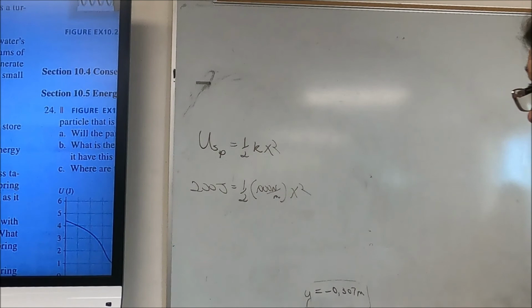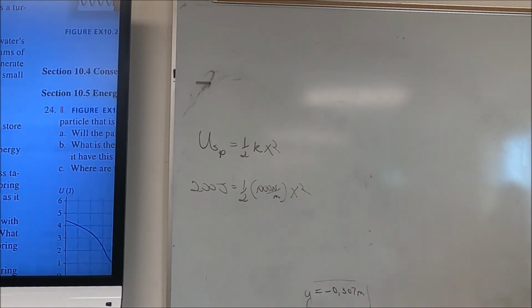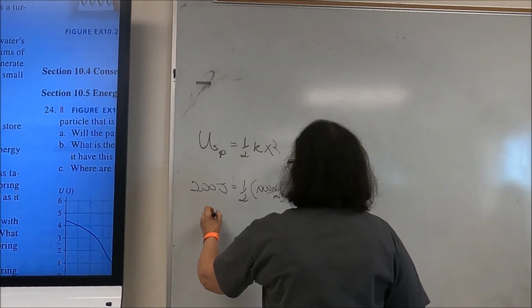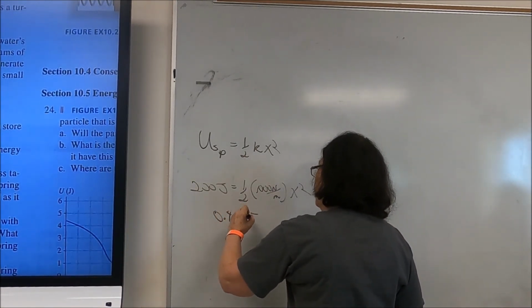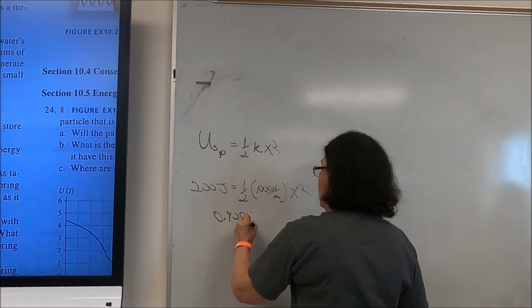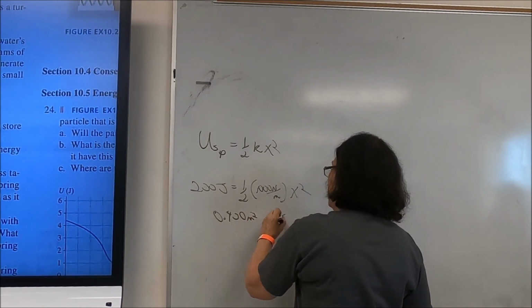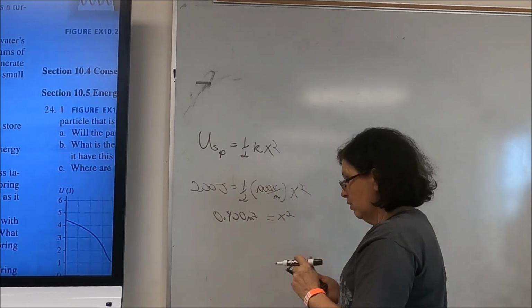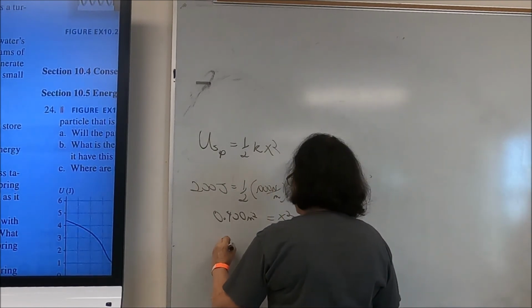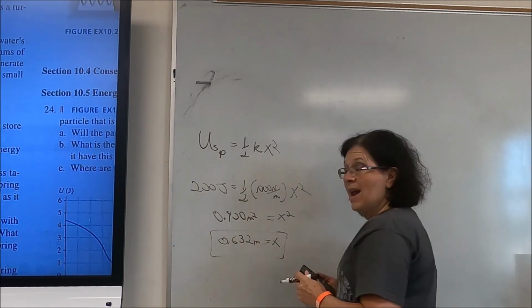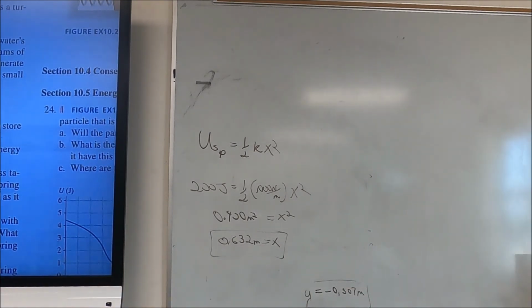So 200 times 2 divided by 1,000, I get 0.400, and that will be meters squared, equal to x squared. I take the square root and I get x to be 0.632 meters. So I can stretch the spring 0.632 meters, or I could compress the spring 0.632 meters, and I would end up storing 200 joules.